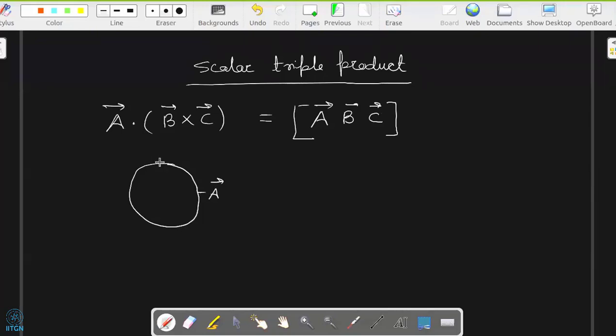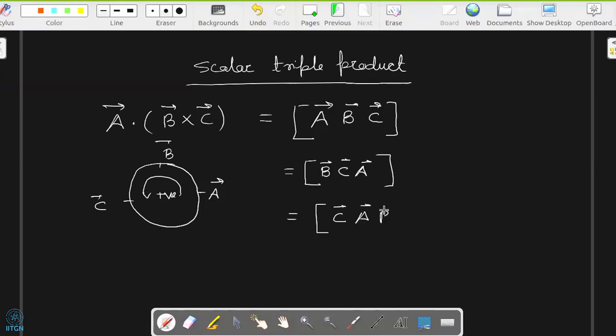We are considering a cyclic permutation, and if you are following the cyclic permutation in anti-clockwise order, then A, B, C will be equal to B, C, A, or it is equal to C, A, B.